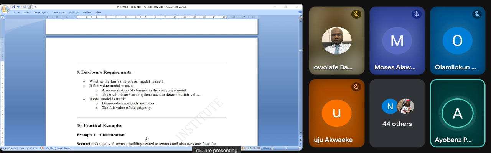So those two things are very key for recognition of an asset. Just in case you forget, and you're in an exam and they ask what the recognition criteria are, once they say it's a tangible asset, just mention those two things that I have said. Or if it's an intangible asset under IAS 38, mention it. Very, very important. Probability of future economic benefit accruing to the entity, and then the cost can be reliably measured.